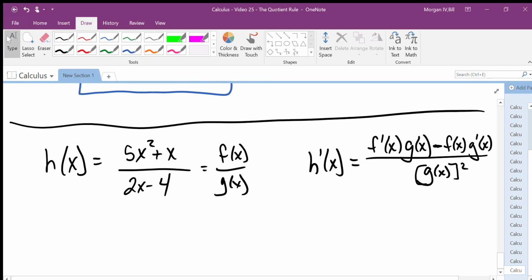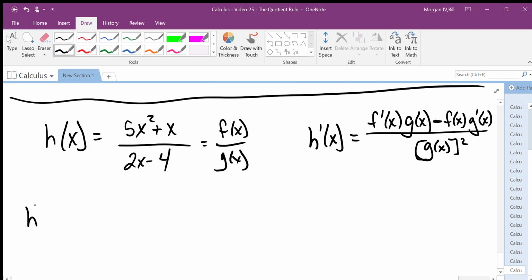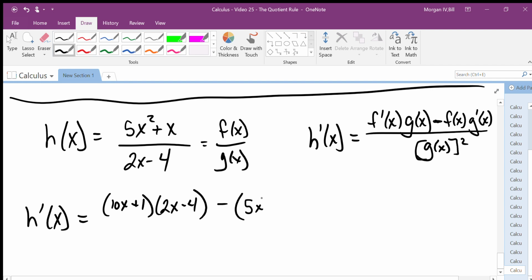Okay, so for us, it'll look like this. h prime of x is the derivative of the numerator. The derivative of 5x squared plus x is 10x plus 1 times the g of x, the denominator 2x minus 4, minus f of x. We're leaving the numerator as 5x squared plus x, times g prime. The derivative of 2x minus 4 is just 2. All divided by 2x minus 4, squared.